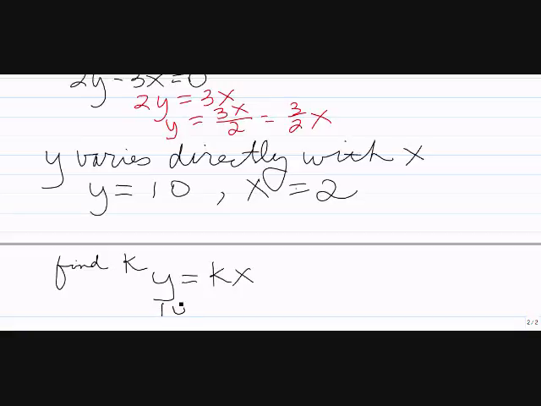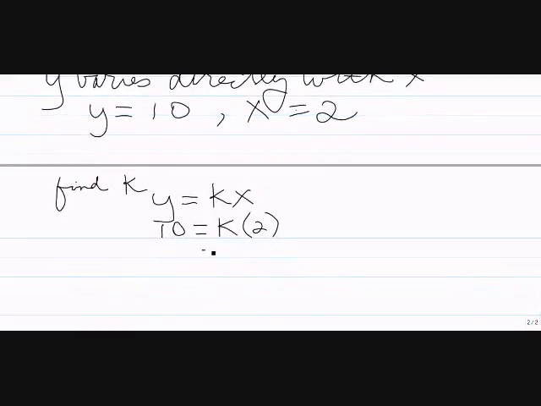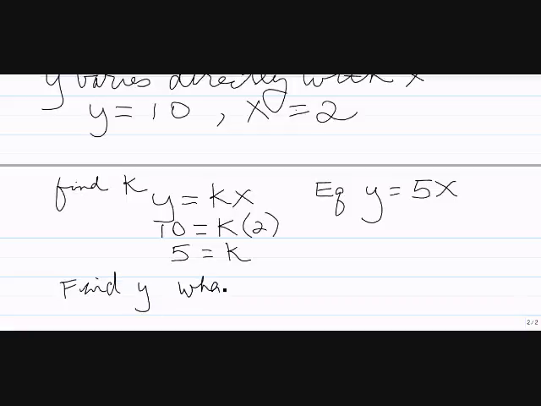Substitute in a y of 10 and x of 2. My constant of variation is 5. So my equation is y equals 5x. And then if I want to find y when x is negative 3, well, that'd just be y equals 5 times negative 3, better known as negative 15.